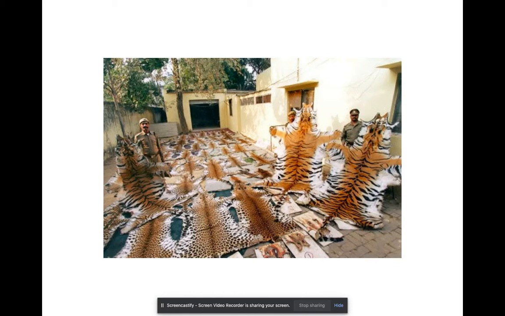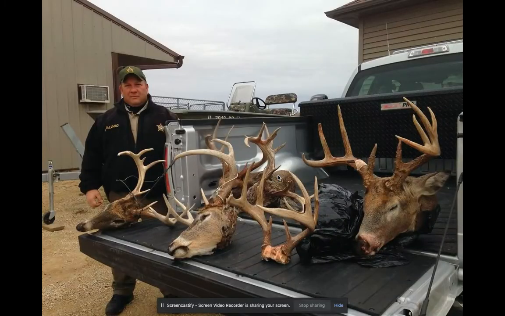Now, other countries have similar problems. This, I think, is in Thailand, the illegal hunting of tigers for their skins. The tigers have always been threatened by the expansion of human population, but hunting them jeopardizes their population even further. We have the same problem in some cases in North America.